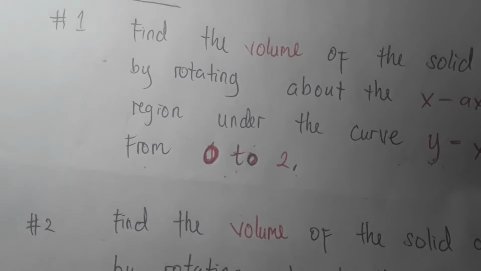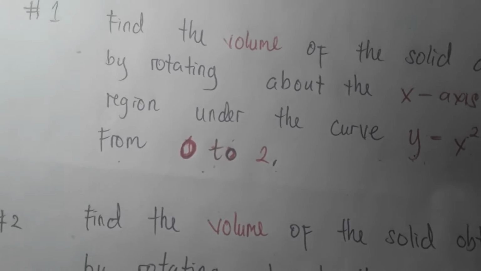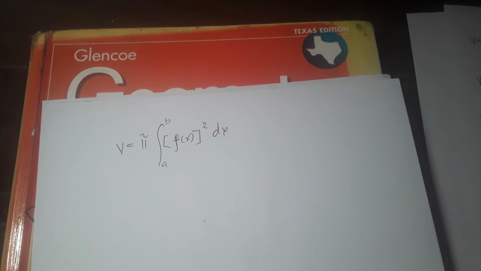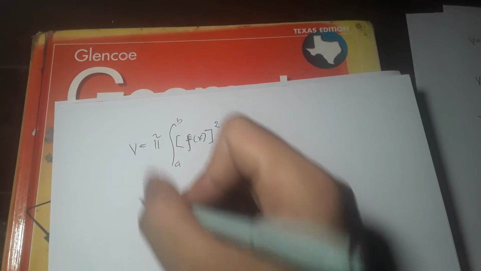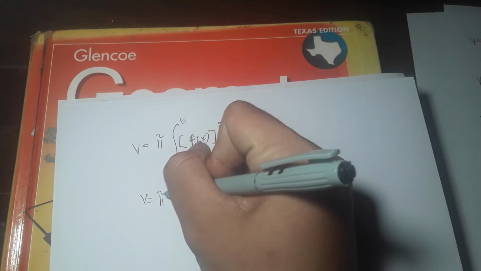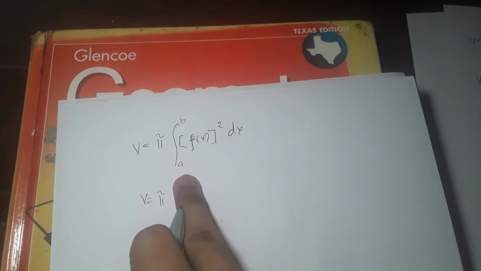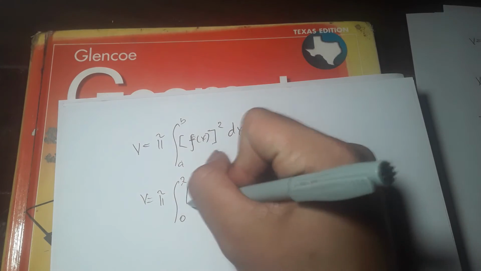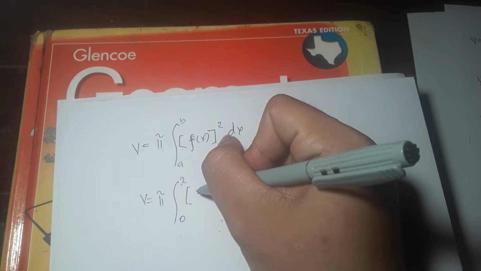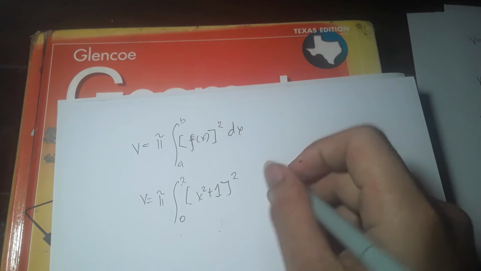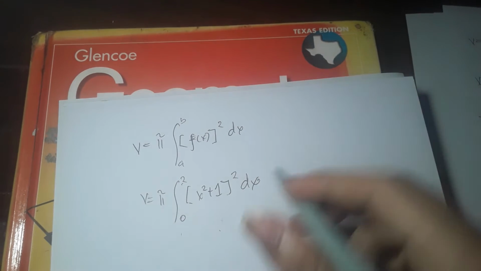So let's evaluate the equivalent value from this given formula. This would be V equals pi times the integral from 0 to 2. The value of a is 0, and the value of b is 2, with the integral of x squared plus 1 raised to the second power, and then dx.